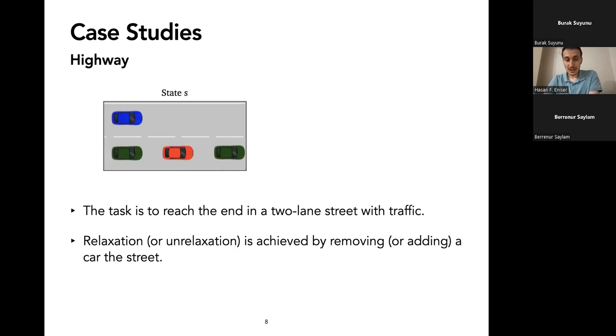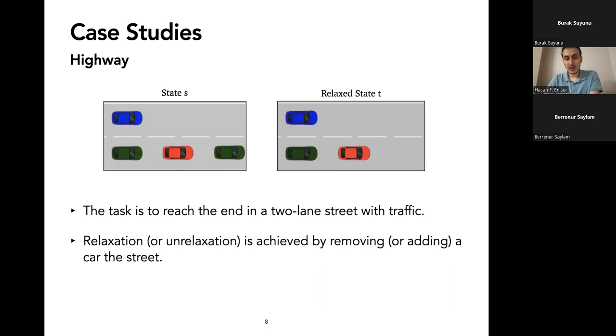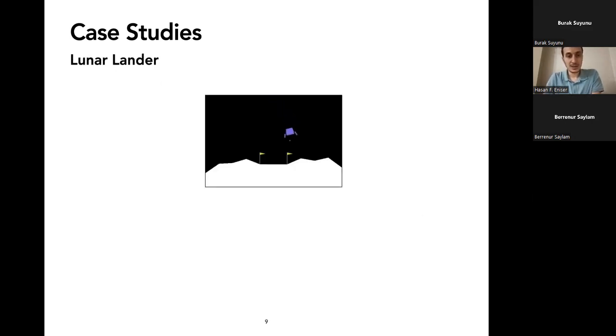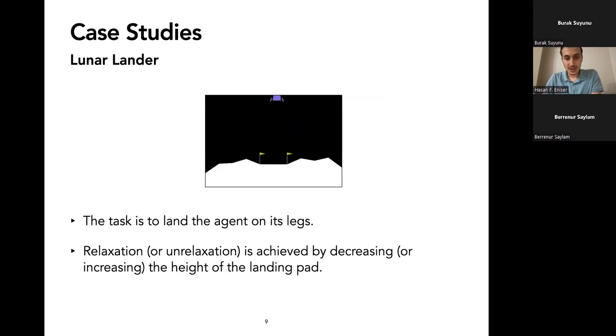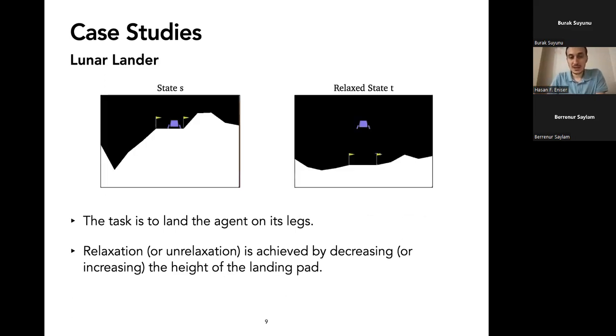So if this is the state S, and our agent is the red car, we can remove a car in the street and relax the state, obtaining the relaxed state T. And the next is the OpenAI gym environment lunar lander, where the task is to land the agent on its legs. Relaxation is achieved by decreasing the height of the landing pad because the agent has more time and space to arrange the balance. So if this is state S, this is the relaxed state T.